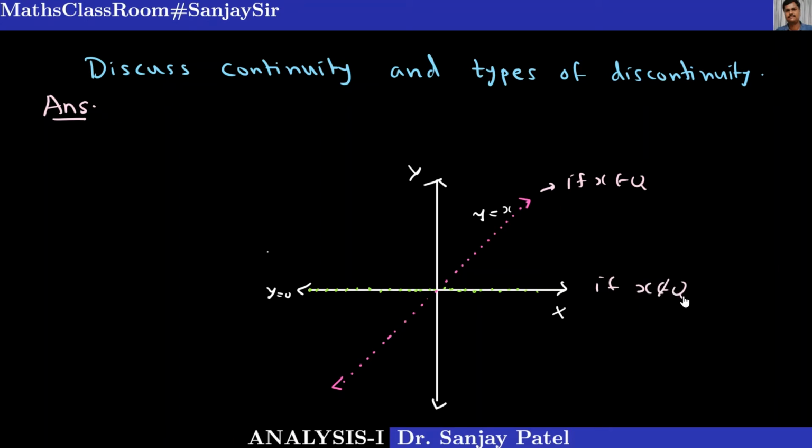The function again seems to be very highly discontinuous, but still it seems that when you go near to 0, all the points are concentrated at 0. So at 0 there seems to be no break. From the graph we can have some intuition that there is no break at 0.